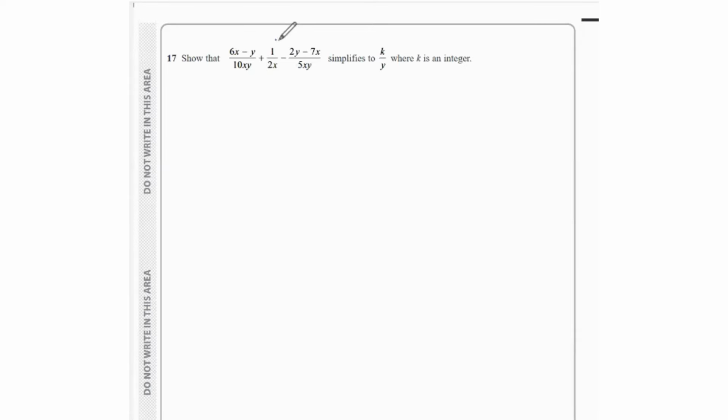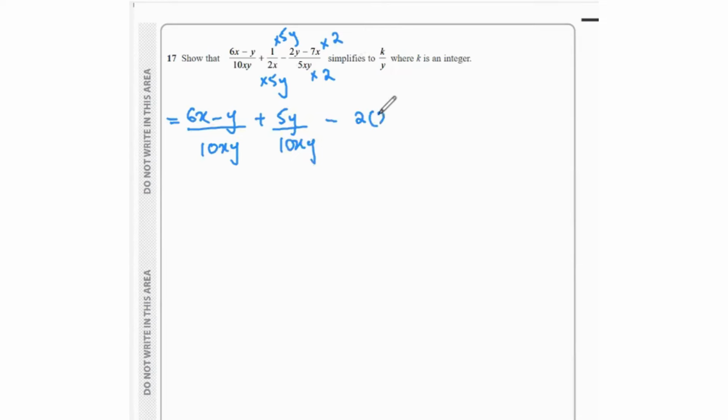The second fraction gets multiplied by 5y. And the third fraction would get multiplied by 2. This way, all three fractions have the same denominator, which is 10xy. So (6x minus y) over 10xy plus 5y over 10xy minus 2 times (2y minus 7x) over 10xy.